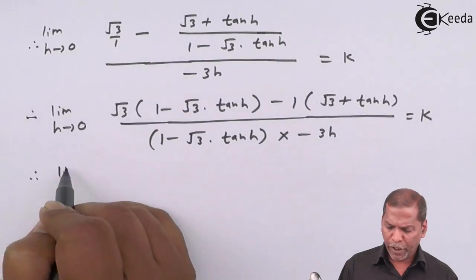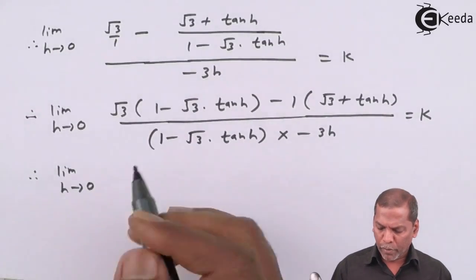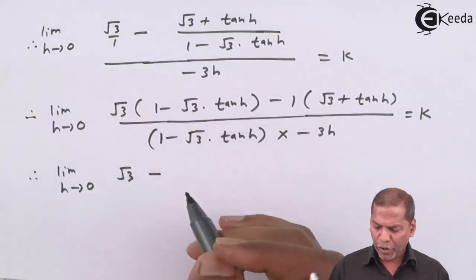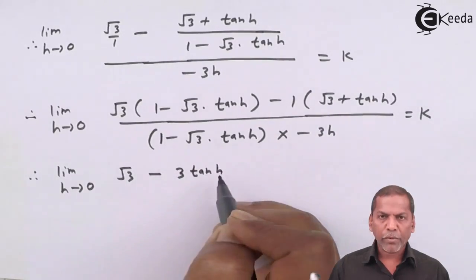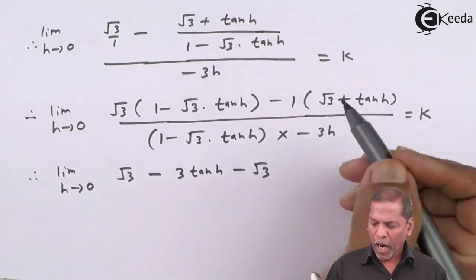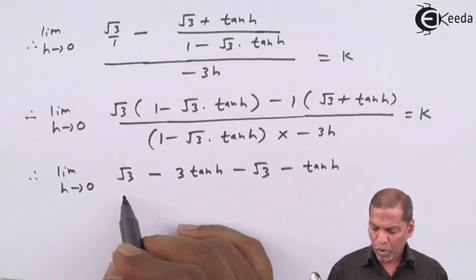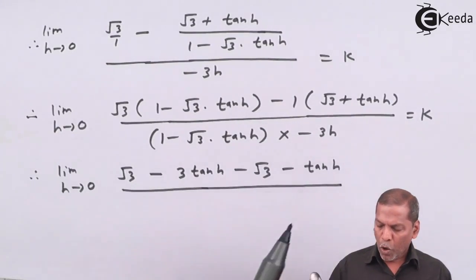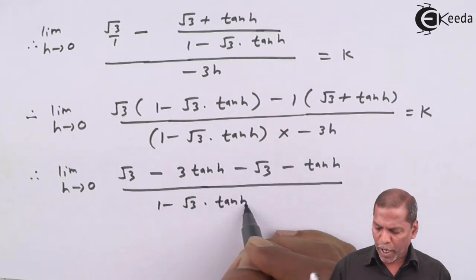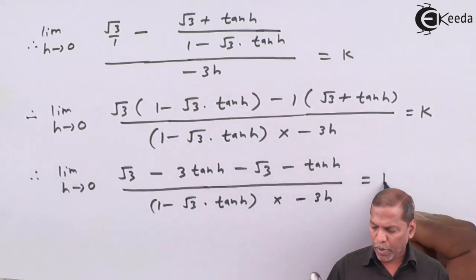Therefore, the limit h tends to 0, root 3 into 1 gives root 3, minus root 3 into root 3 tan h gives 3 tan h, minus 1 into root 3 gives minus root 3, and minus 1 into tan h gives minus tan h, whole thing divided by first bracket (1 minus root 3 into tan h) into minus 3h is equal to k.